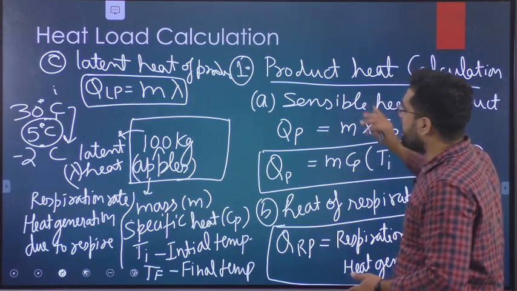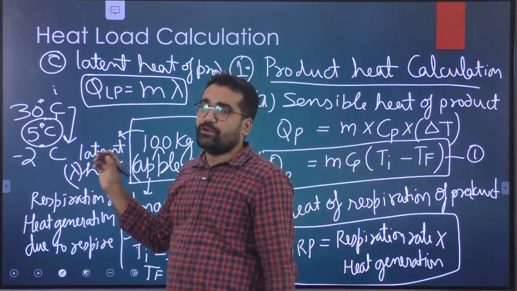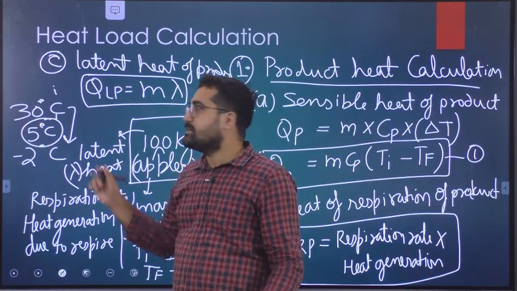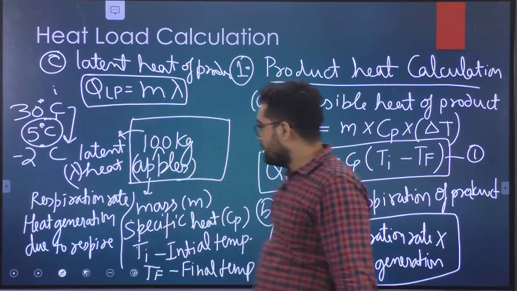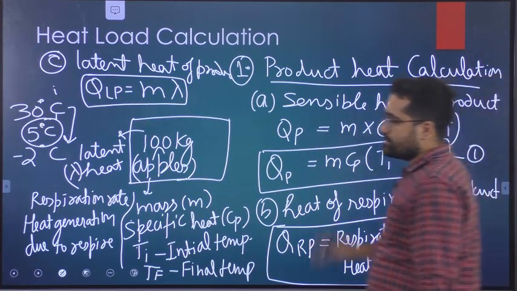So we have to read the question carefully before solving it. First we find the sensible heat. If the temperature is reduced further to the freezing point of the product, then we find the latent heat, and then the heat of respiration of the product.